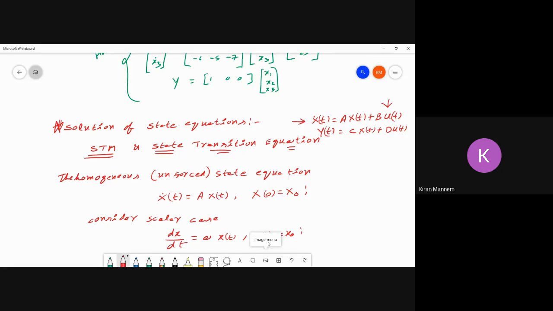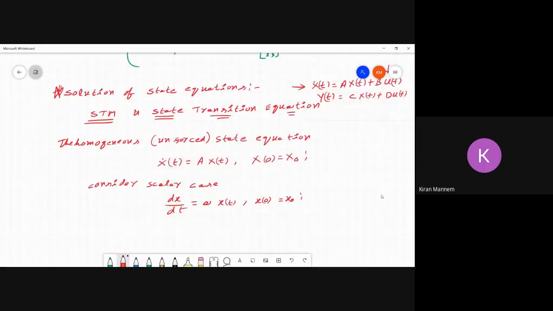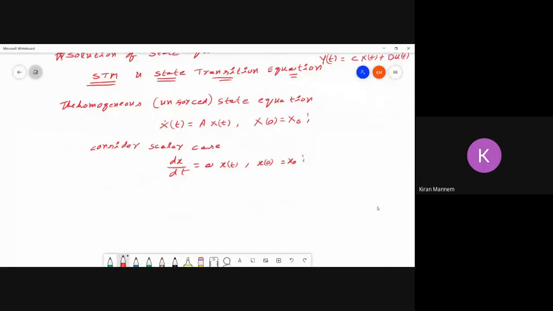Now what is the solution of this scalar or homogeneous equation? From the fundamentals of the equations, I can write the solution for this equation, right? Now what is the solution? x of t would be e to the power a t into x naught, right?